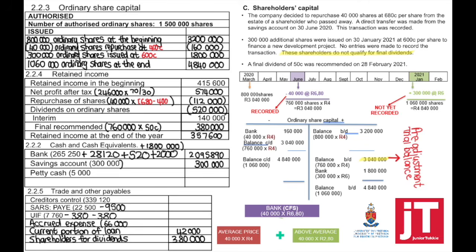So bank plus the savings account plus petty cash equals the total at the end. The same with trade and other payables. We can close all the brackets: creditors control plus SARS pay as you earn plus the UIF plus accrued expense plus current portion of loan plus the shareholders for dividends equals the total trade and other payables.